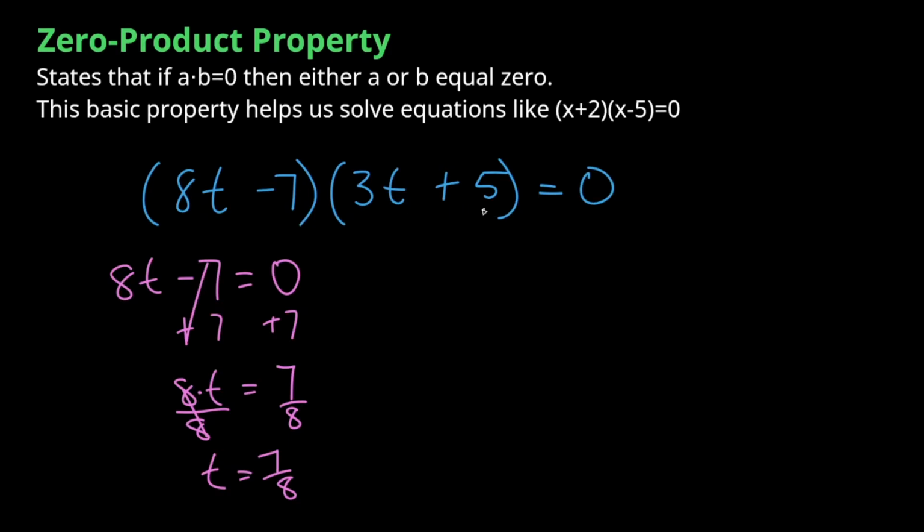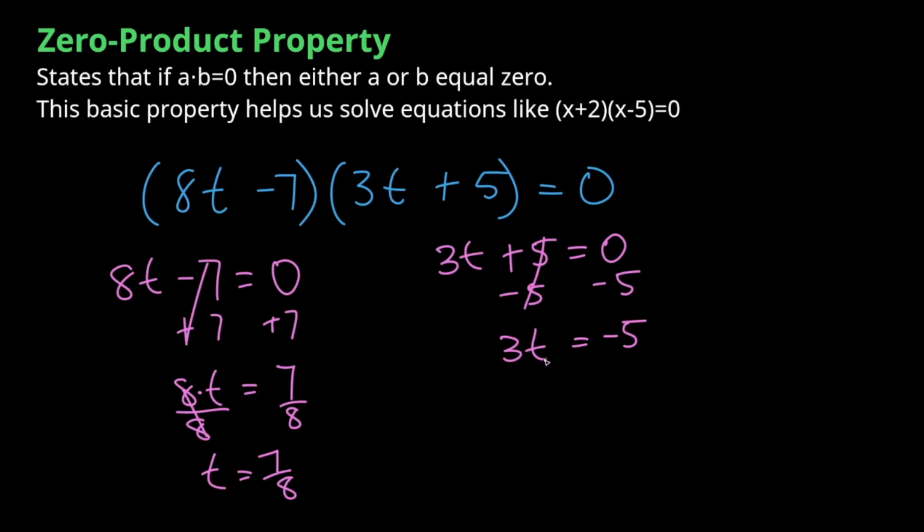So let's solve for t in this factor. We have 3t plus 5 equals 0. We want to get 3t by itself, so let's subtract 5 from both sides. So we're left with 3t equals negative 5. Now we want to undo this right here because we want to get t by itself.